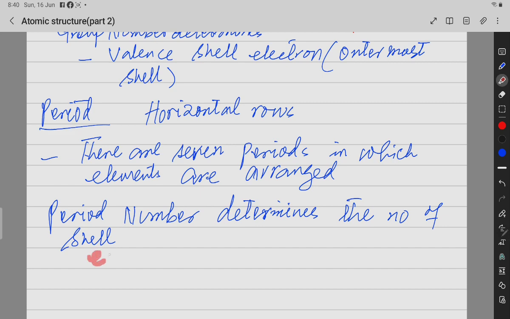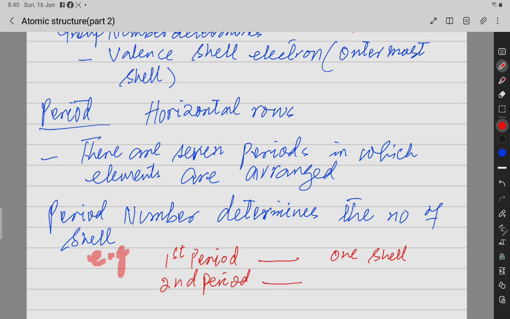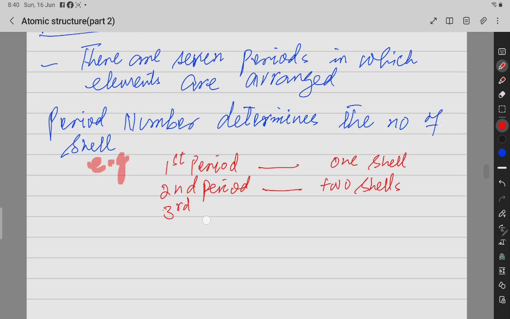For example, the first period has 1 shell, the second period has 2 shells, the third period has 3 shells in which electrons are arranged, and the fourth period has 4 shells.